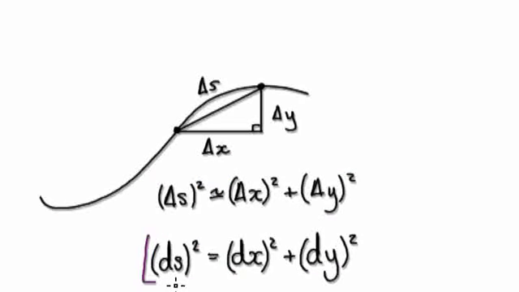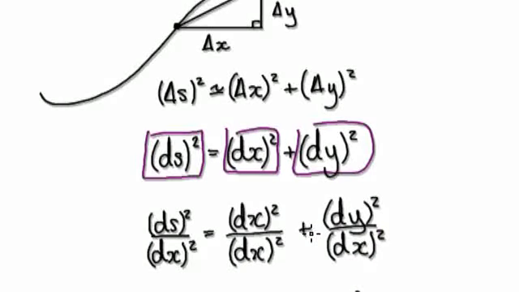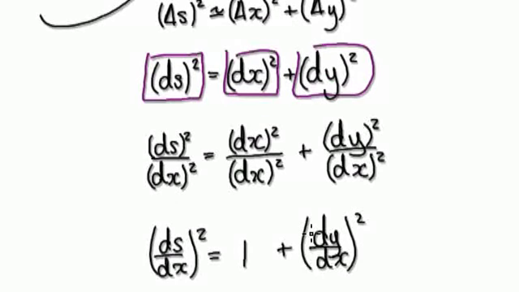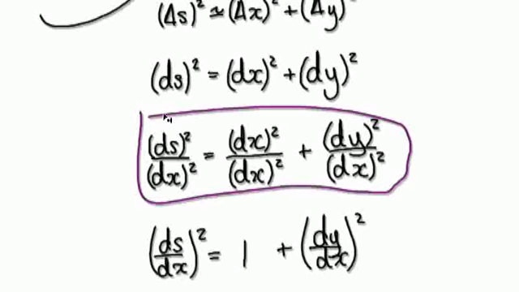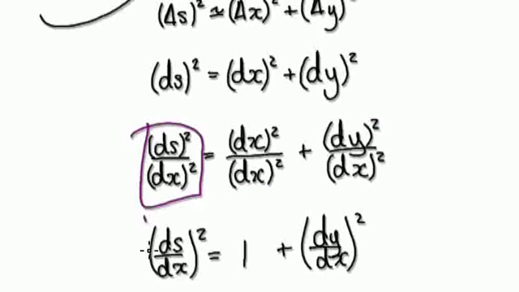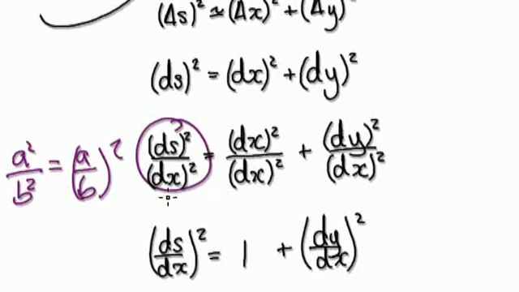So once you're here, you've got this block equals this block plus this block. Divide everything by dx squared. That will take you to this, and then you can rewrite this as this, because if you have a squared over b squared, that becomes this.